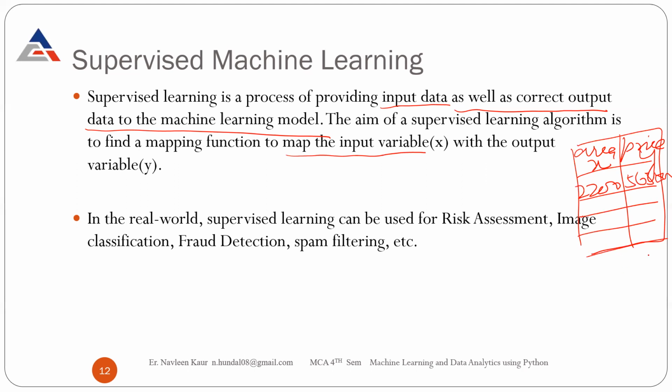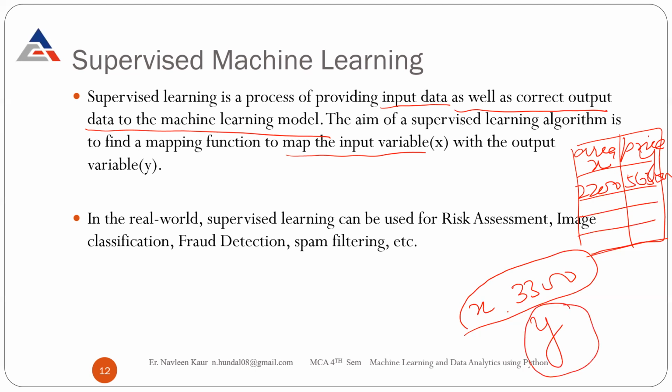Now after training, when you test, you give it the data 3,300, that is your X. Now you want to know what will be the Y. It means you need to create a formula for how you can calculate Y using X. There will be a certain formula working behind it.